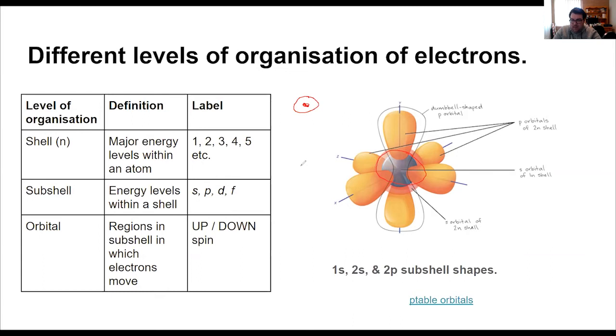Then we have our p block orbitals. And each of our p block orbitals, if we think of it as being like Cartesian coordinates, we have y, we have x, and we have z. Each of these, I'm just going to change the color.